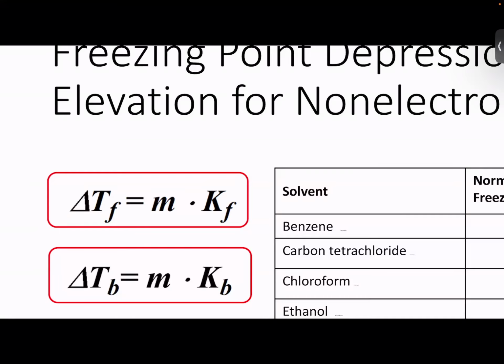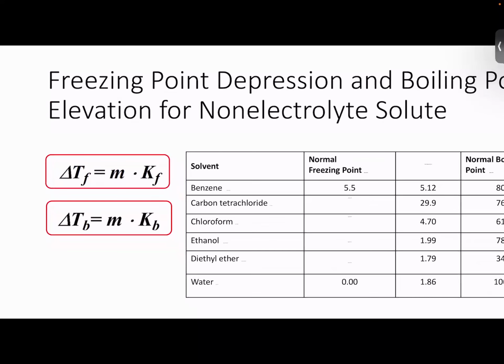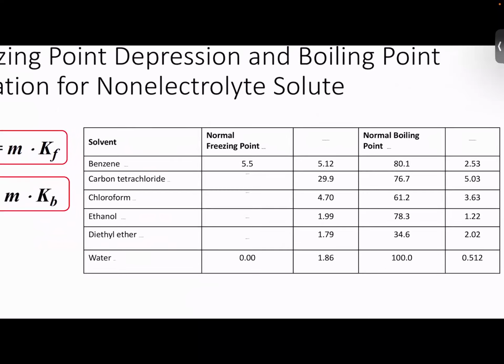Those are values you will be given in the problem, because I'm not expecting you to memorize Kfs and Kbs. Those are values that are directly dependent upon the identity of the solvent.